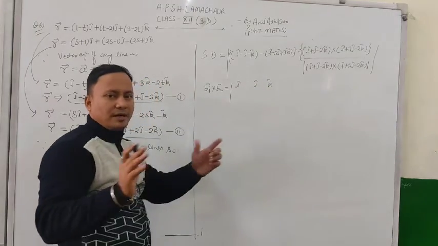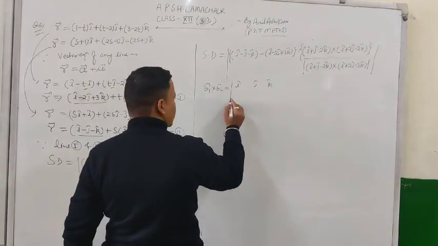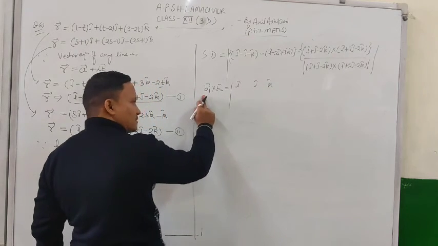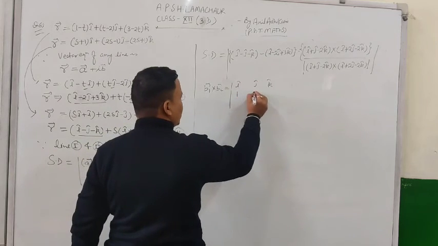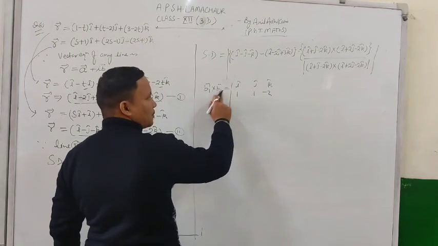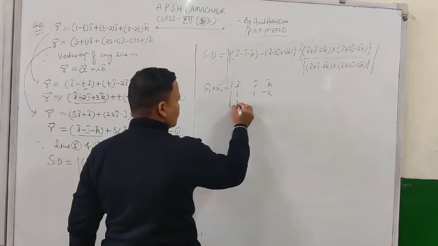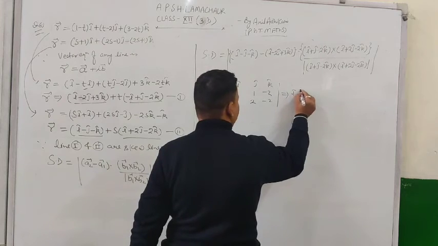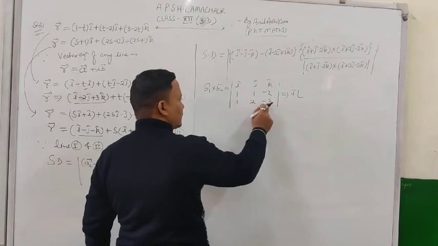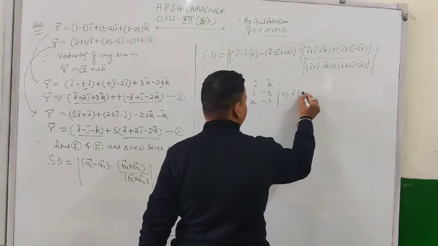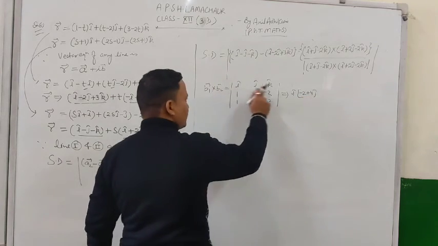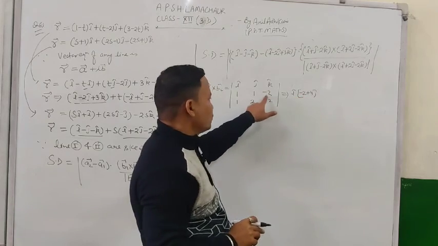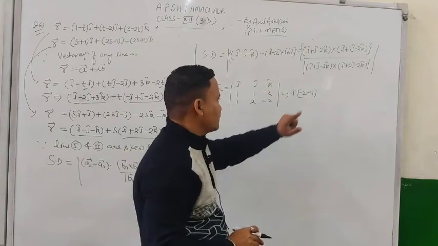You know na the cross, how to find the cross product of any two vectors, taking the determinant. The first row will be i cap, j cap, k cap, and second row we will write the direction ratio of first vector, which is 1, 1, minus 2, and the second, the direction ratio of second vector, which is 1, 2, minus 2. Now expanding with respect to first row, we get i, first row first column eliminated, minus 2 plus 4. You can check: 1 into minus 2 minus 2 into minus 2, minus minus 4, so minus minus करेंगे तो plus 4 हो जाएगा.